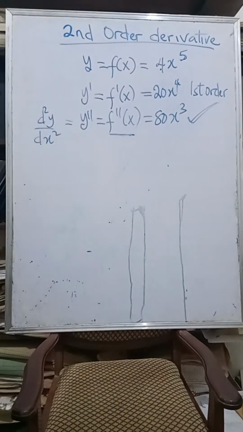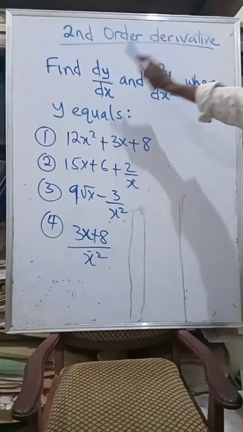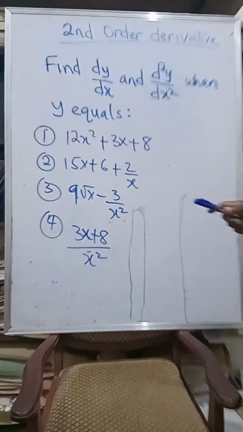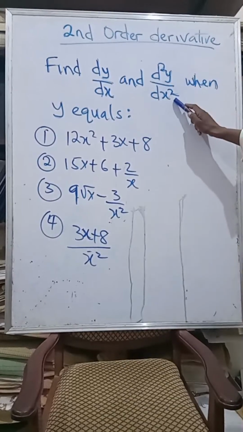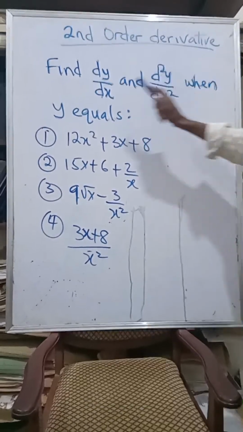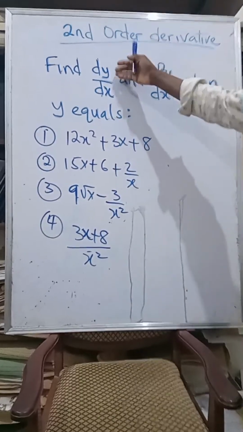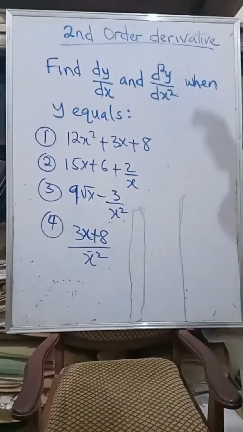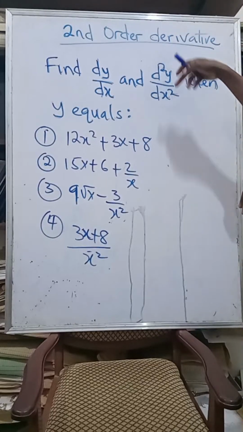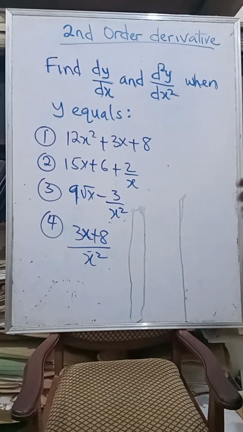Let's take questions on these aspects. The dy/dx and d squared y over dx squared, when y equals this. The dy/dx is the first order differential. The d squared y over dx squared is the second order derivative or differential.